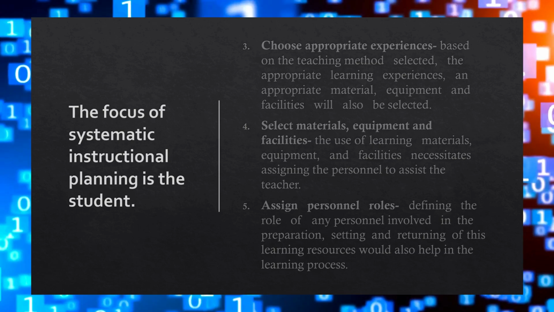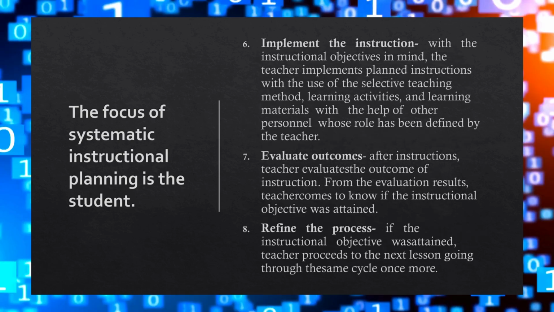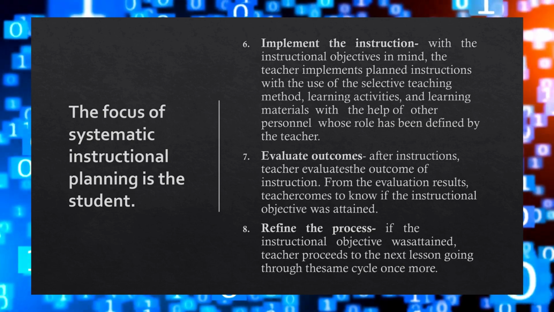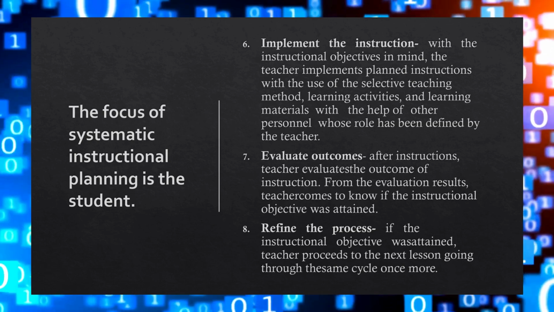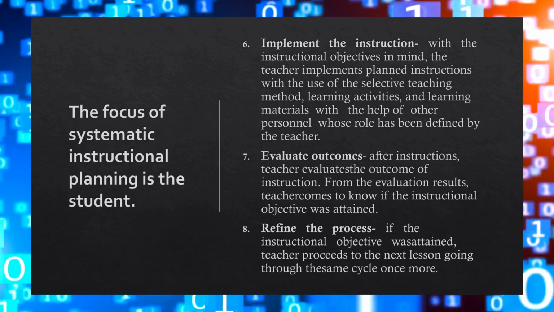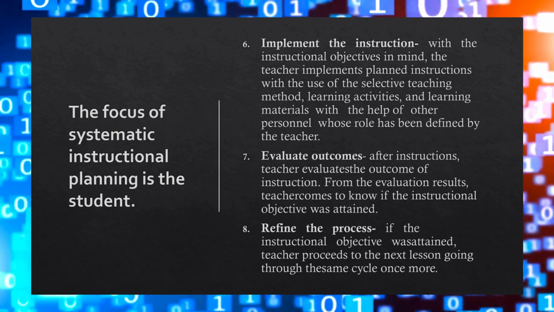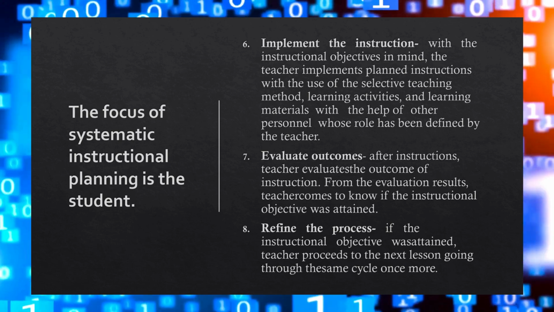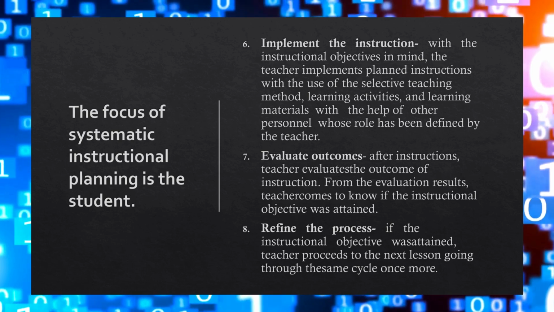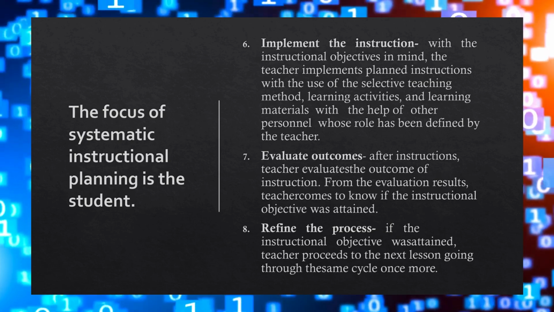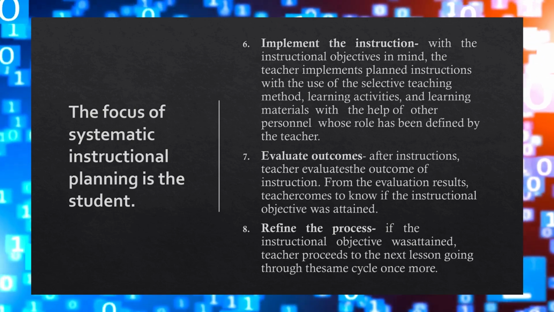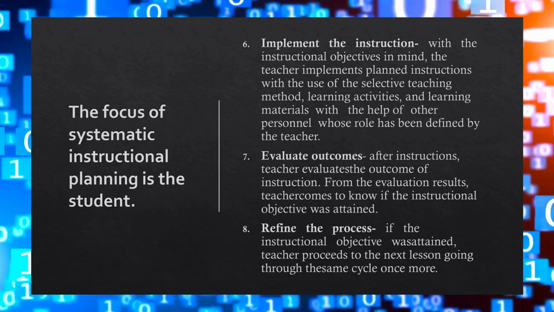Sixth, implement the instruction. With instructional objectives in mind, the teacher implements planned instruction with the use of the selected teaching method, learning activities and learning materials with the help of other personnel whose role has been defined by the teacher. Seventh, evaluate outcomes.